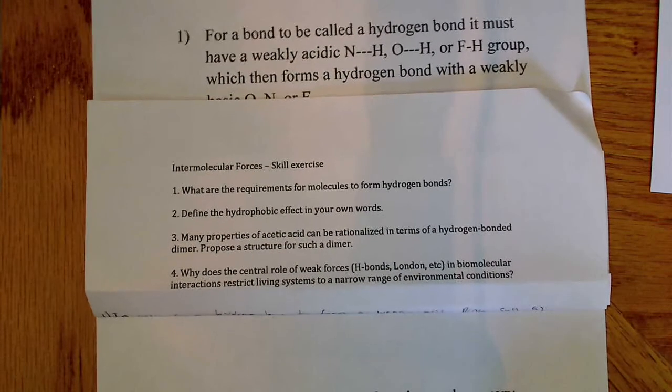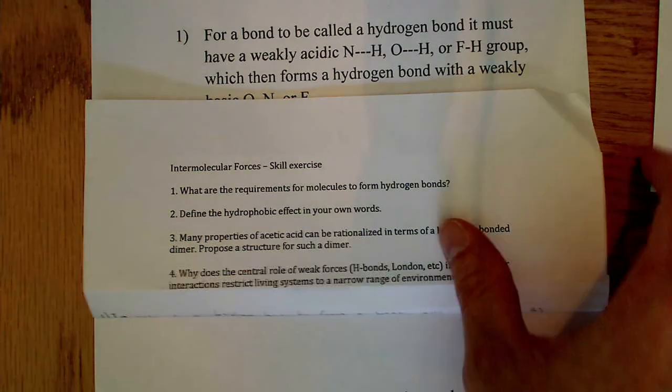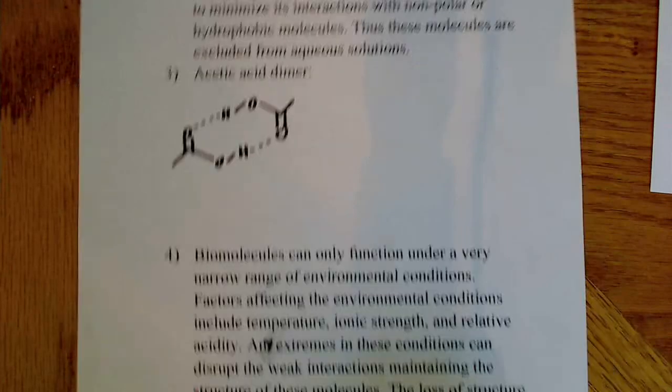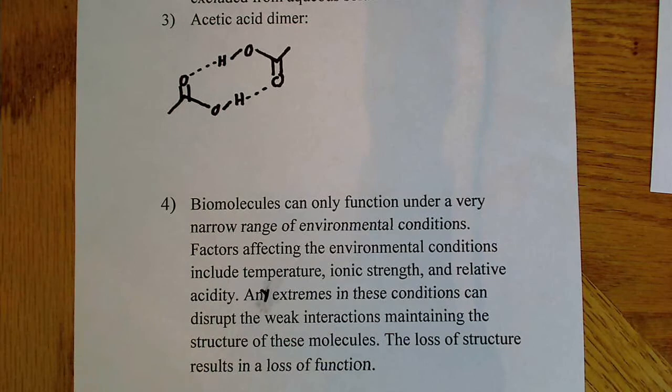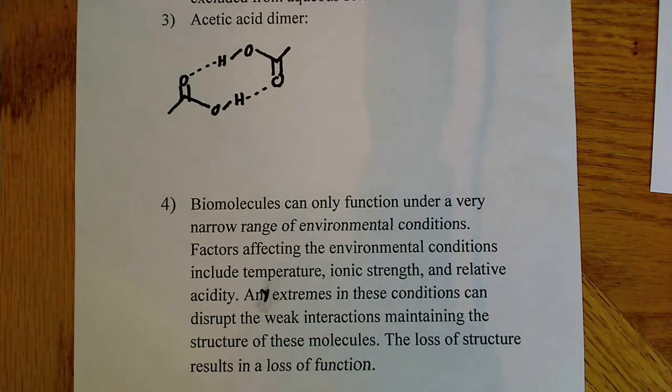So the final question I have says, why does the central role of weak forces, hydrogen bonds, London dispersion forces, etc., in biomolecular interactions restrict living systems to a narrow range of environmental conditions? My response is, biomolecules can only function under a very narrow range of environmental conditions.